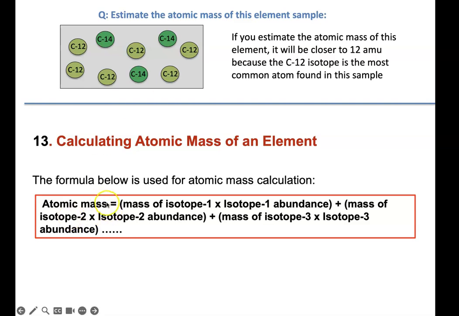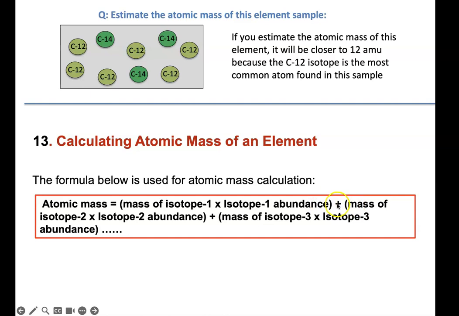So here is the equation you're going to use. The average atomic mass of an element is the mass of one isotope, that is the mass of one atom of each isotope, times the abundance of that isotope. Say you have 3 isotopes, then you're going to do this 3 times.